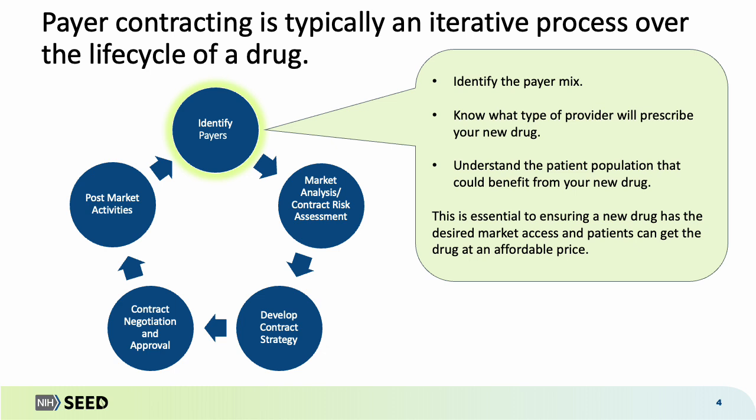So let's start with identifying your payers, the entities that you will be negotiating with for coverage and preferred status. The payers could include a health plan, but in today's marketplace, you will most likely be negotiating with a pharmacy benefit manager, commonly called a PBM.